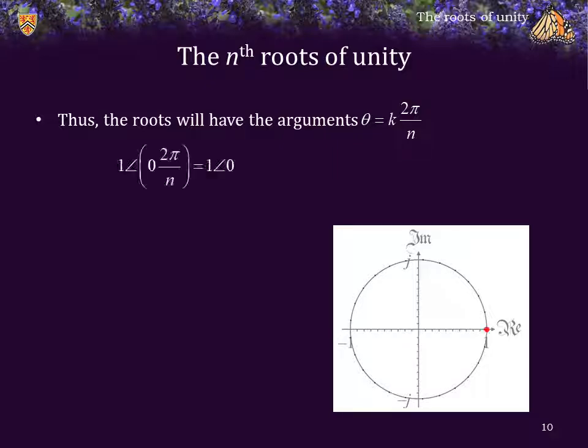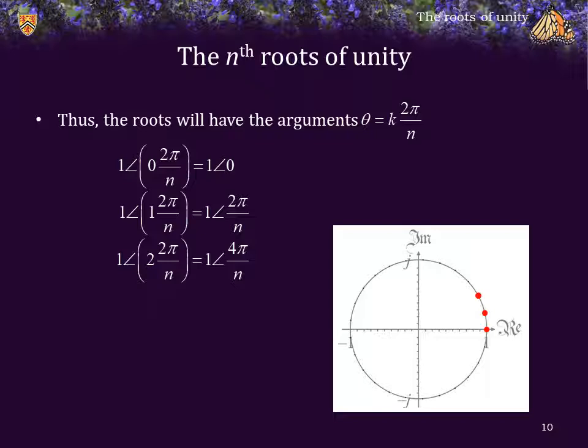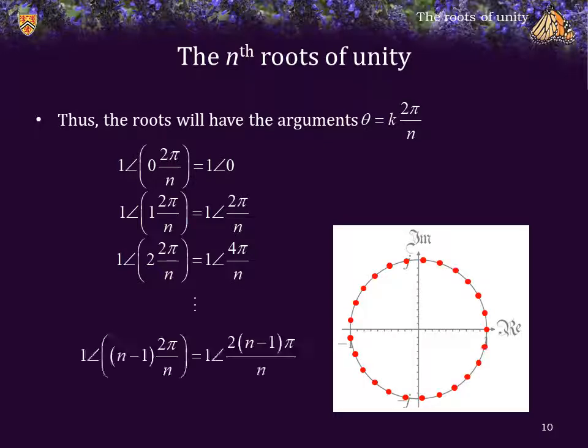Of course, when k is equal to 0, we just have the value 1. When k is equal to 1, we have the point 1 phase 2 pi over n, then 4 pi over n, and so on and so forth. And we can do this for every single value of k up until when k is equal to n minus 1, in which case we have the last and nth root of unity.